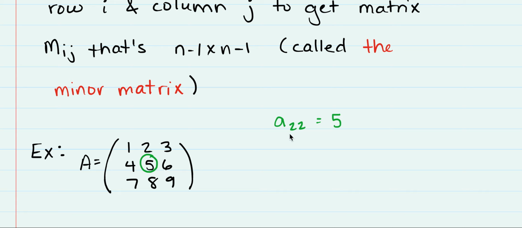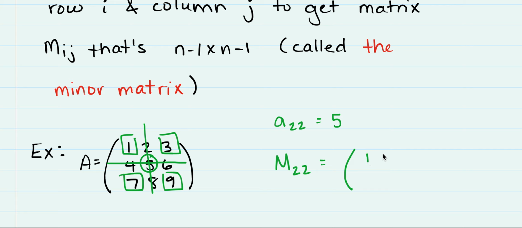We're going to delete row 2, column 2, and we're left with these 4 numbers, and capital M22 is going to be the matrix with those 4 numbers in the same order, exactly how you see them.